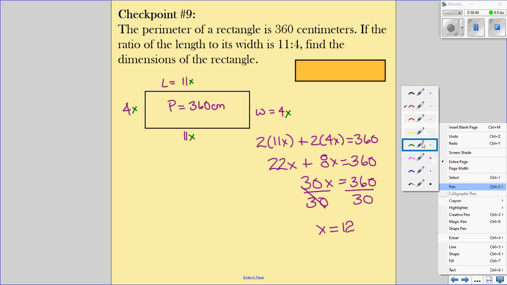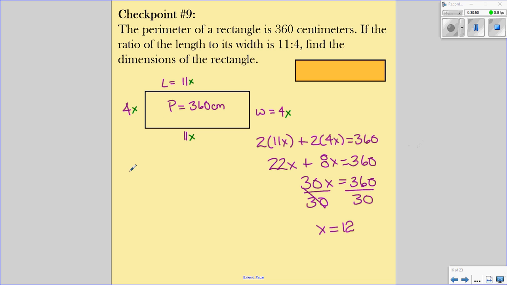But we're not done. We need to plug that into our length and width. Since we have the same length and same width, I'm just going to do this once. This one will give me 132 centimeters, and this will give me 48 centimeters for the width.